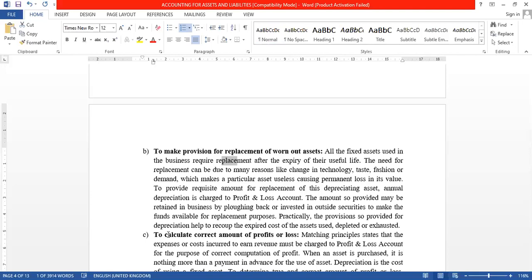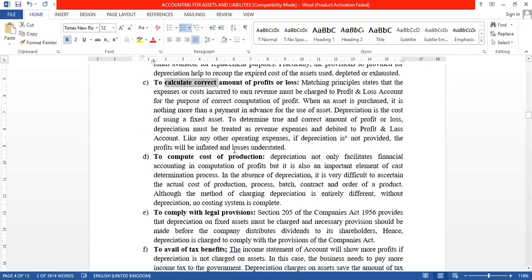And just like the labor that you pay, just like the electricity that you pay, this machine is being used. So how much do you pay it? Now, the amount that you'd allocate to it is what you're calling what? Depreciation. Otherwise, if you don't factor that in, you will have overstated your profit or loss.